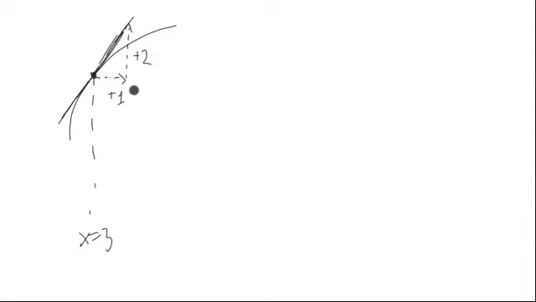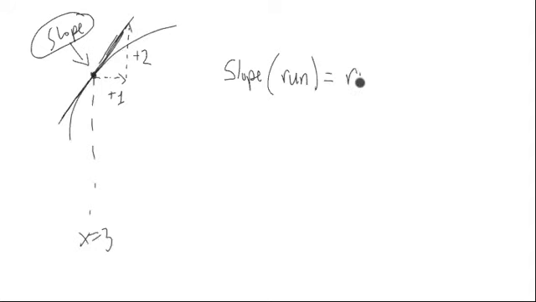Now, in general, we can think of the derivative. Okay, so what is the derivative? We could think of it as the slope of this tangent line. But the slope of this tangent line is also kind of like a function, if you will, that goes from run to rise.